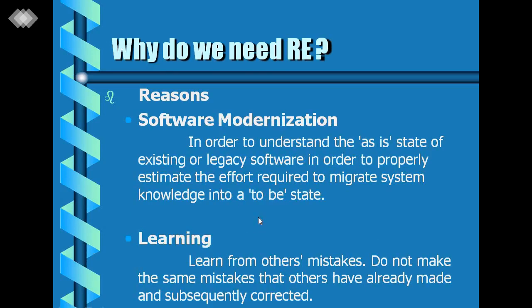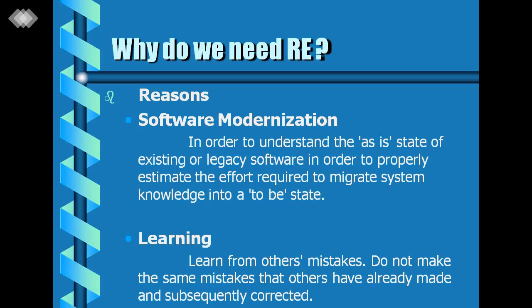Next is software modernization. In software modernization, it is done in order to understand the as-is state of existing or legacy software, in order to properly estimate the effort required to migrate the system's knowledge into a to-be state.